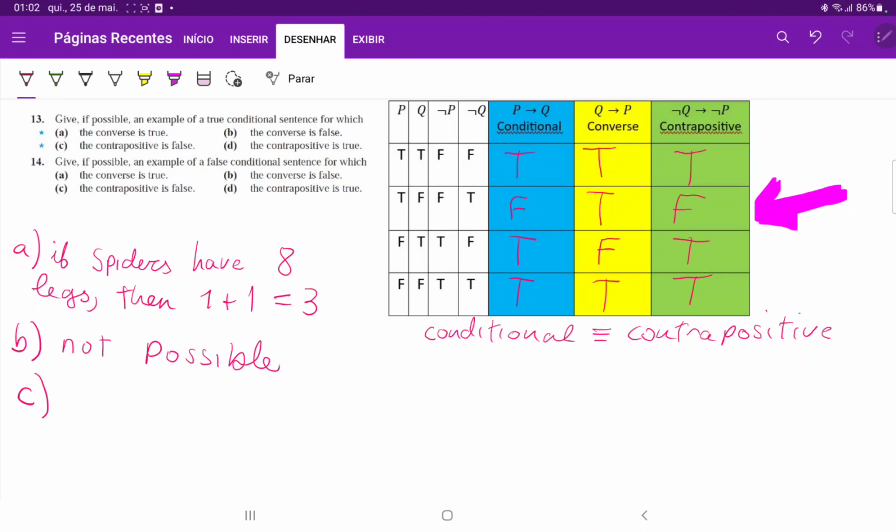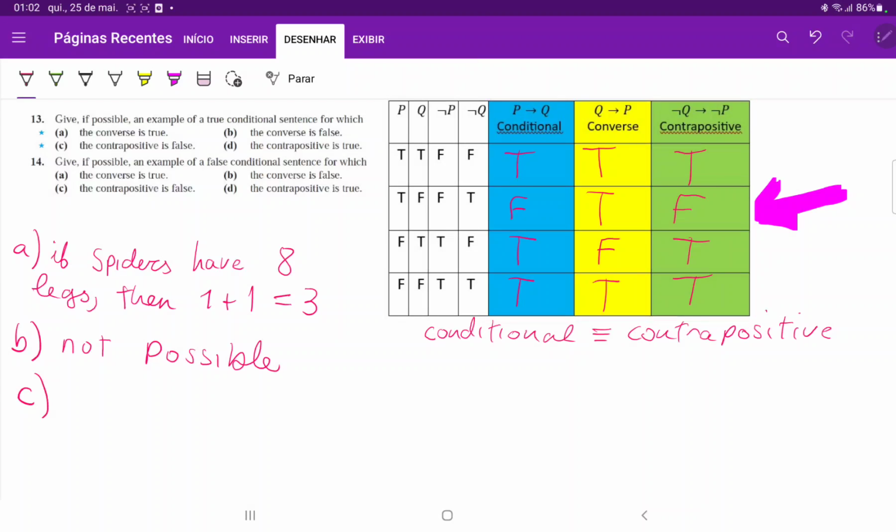Now for C, we have that the contrapositive is false. So once more, in this row, because the conditional is equivalent to the contrapositive, whenever P is true and Q is false, the contrapositive will also be false because it's equivalent.